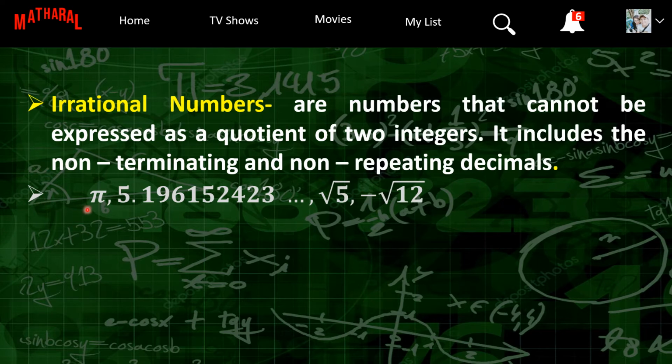Pi, which is also known as 3.14159265..., and so on and so forth, which indicates that this series of decimal numbers is non-terminating, wala pong katapusan. Square root of 5, we also know that square root of 5 is an irrational number, and also negative square root of 12.